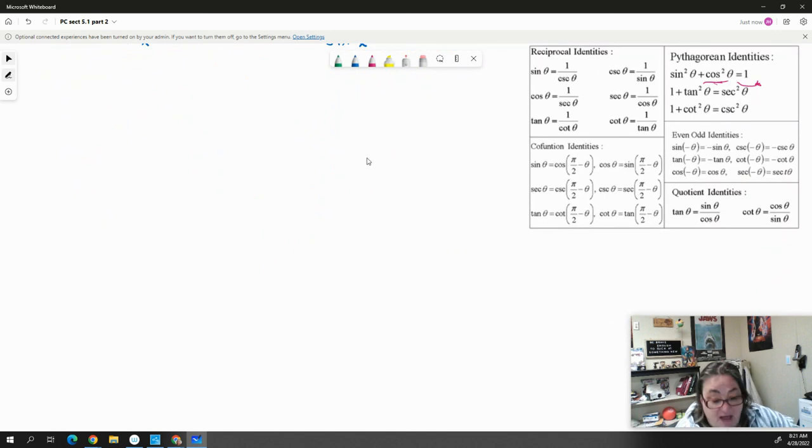Now we're going to talk about factoring. When we're factoring these expressions, we're making them bigger, right? We're breaking them down to their parts.